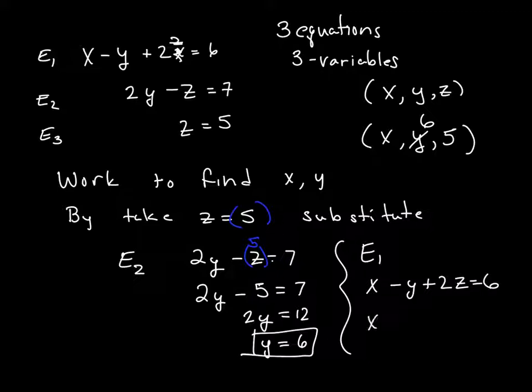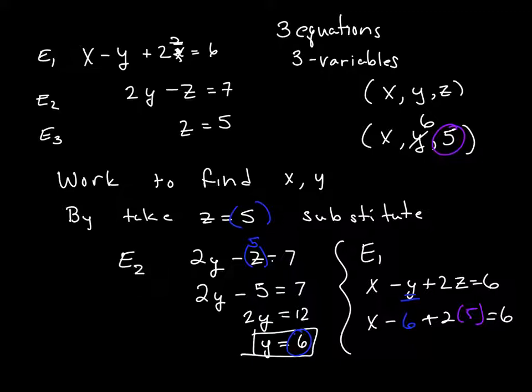So I replace my y with the fact that I know that y is equal to that 6 that I just found. And I also know that z is equal to that 5 that was given to me.